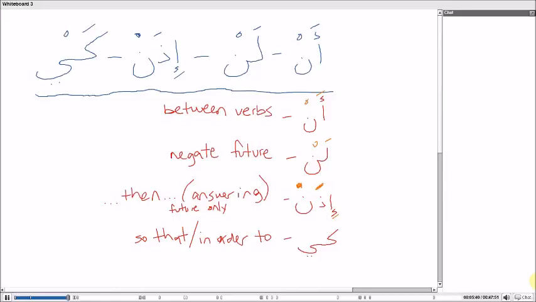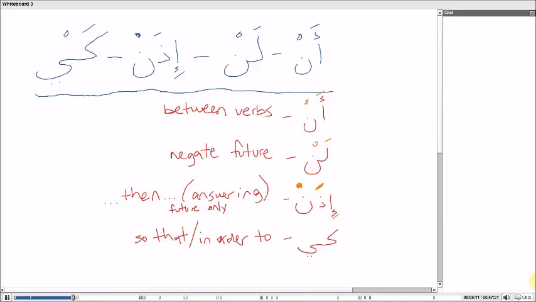Ji'tu kay ata'allama, I came so that I would learn. Kharajtu kay atanazzaha, I left my house so that I could stroll and walk around, right? Ata'allamu kay akhduma al-watan, in order to serve the nation.